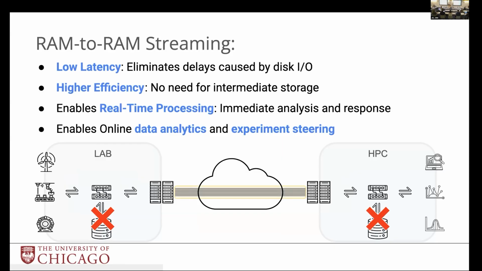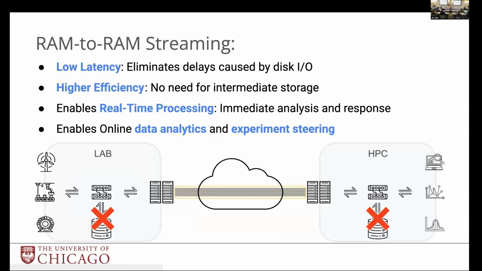Therefore, RAM-to-RAM streaming was introduced as a solution, where the data is transferred from the instrument as it is produced to the HPC for real-time computation. So basically, we don't need any storing in intermediate storage.